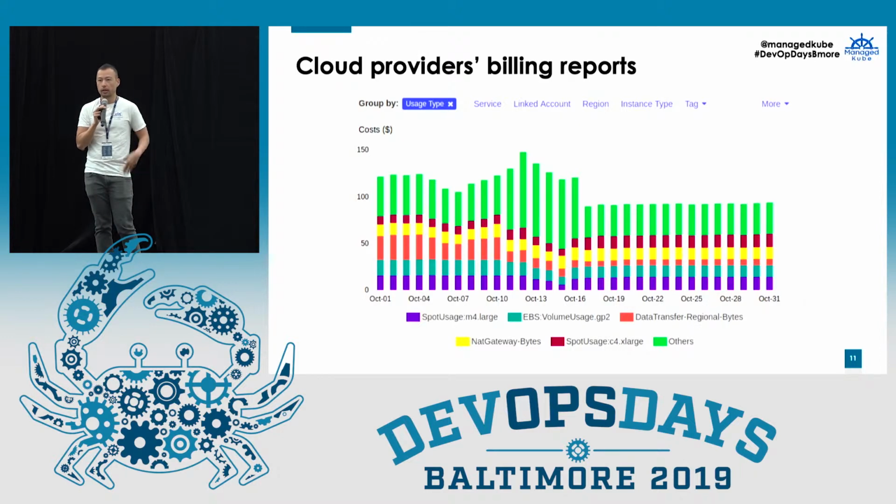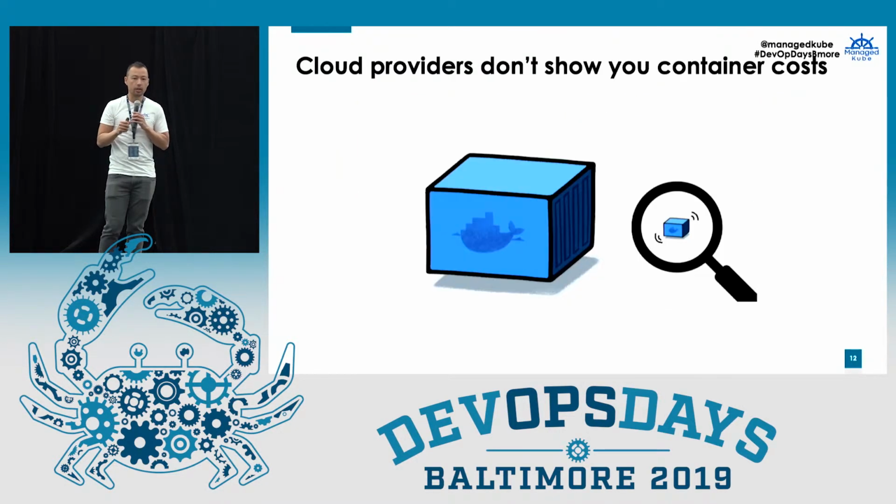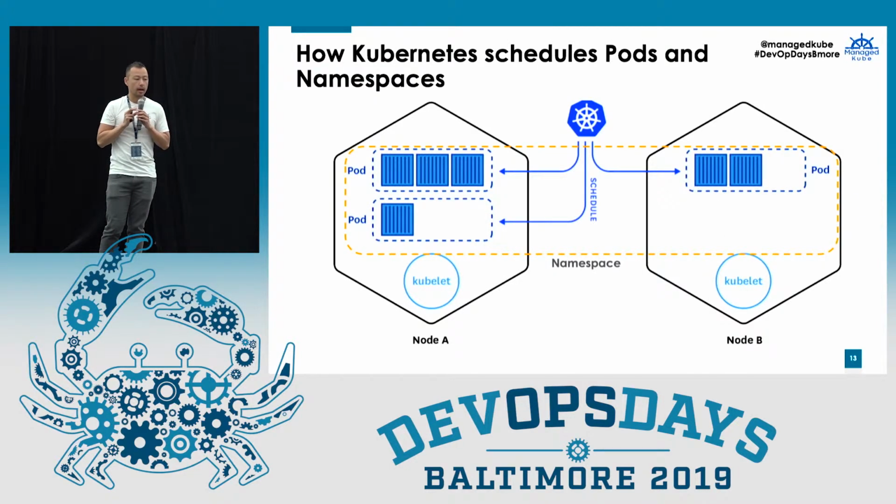It's very nice, right? It breaks down and slices and dices everything they're actually charging you: EC2 instances, network charges, ELBs, RDS, or whatever. Every single thing that they're actually charging you for. However, if you're running Kubernetes, it doesn't show you the container costs.